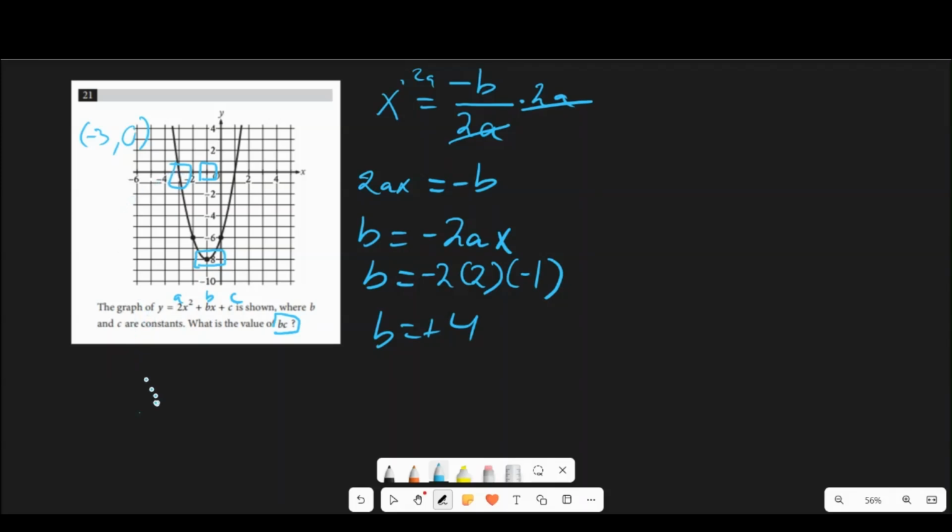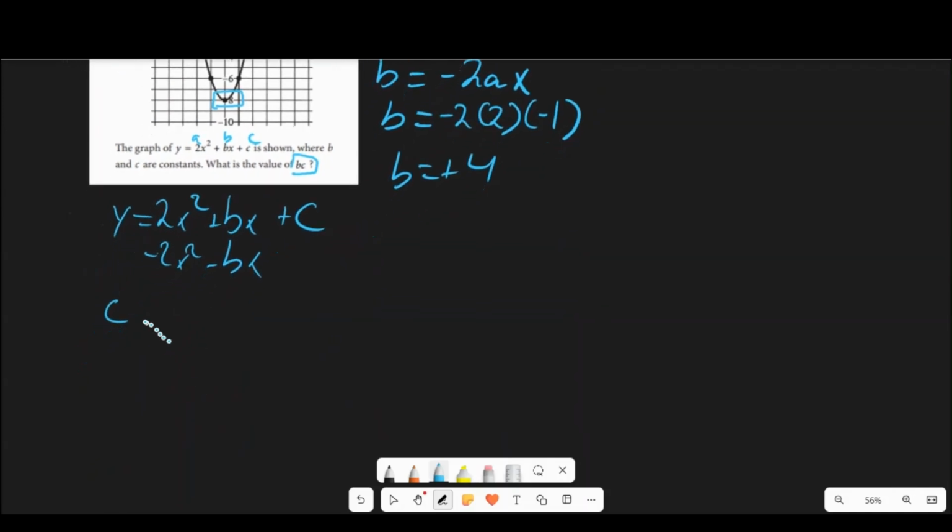Okay, that's fine. So what we're going to do again is first rearrange our equation and solve for c, right? Because it makes our lives much easier. Or me personally, I think it makes our lives easier. So what we got to do is just basically subtract 2x squared and then subtract bx, and then what we're left with is c.